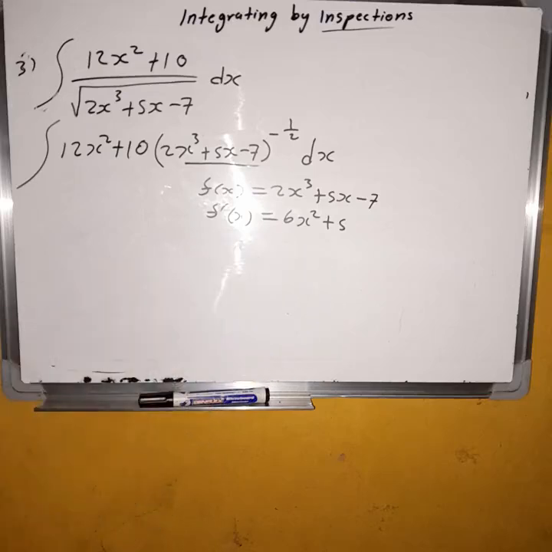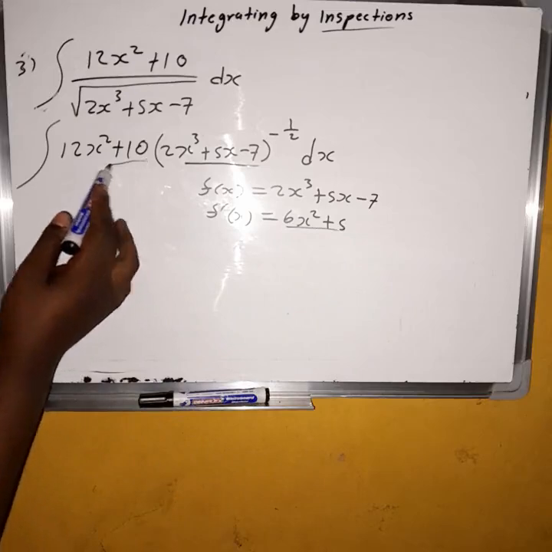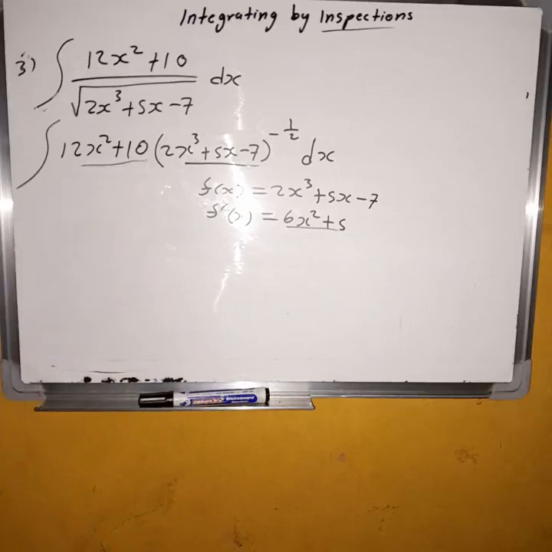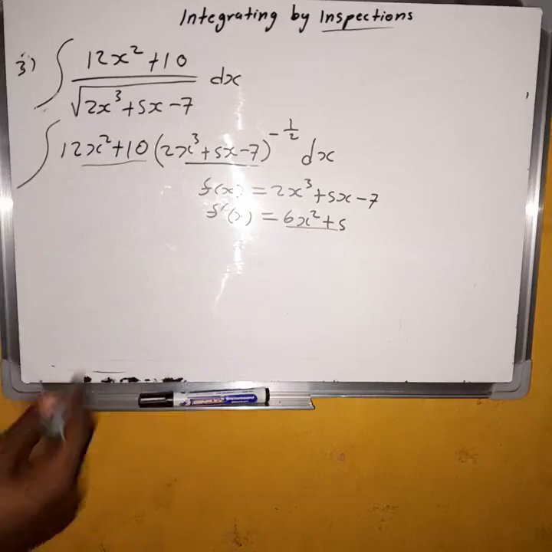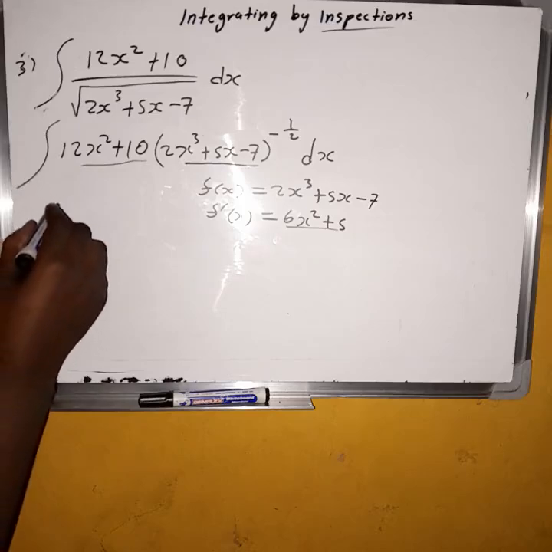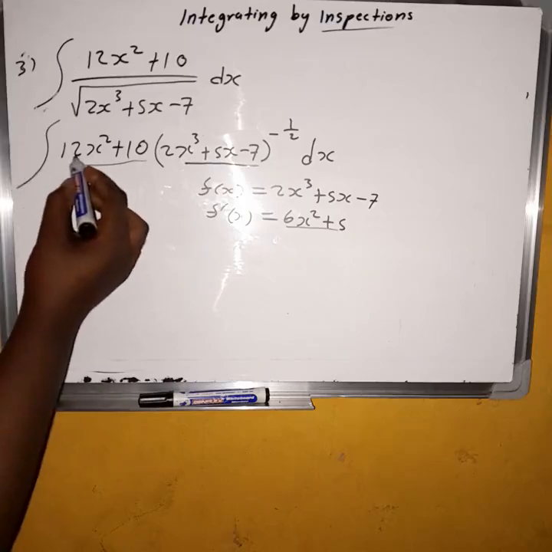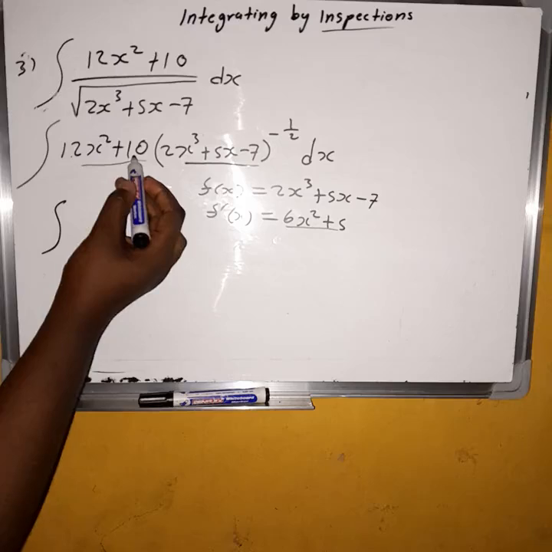So we apply the formula, this and this, they are mainly not the same, but let us try to make this the same as this. Okay, then you take out the common factor here, the common factor is 2.